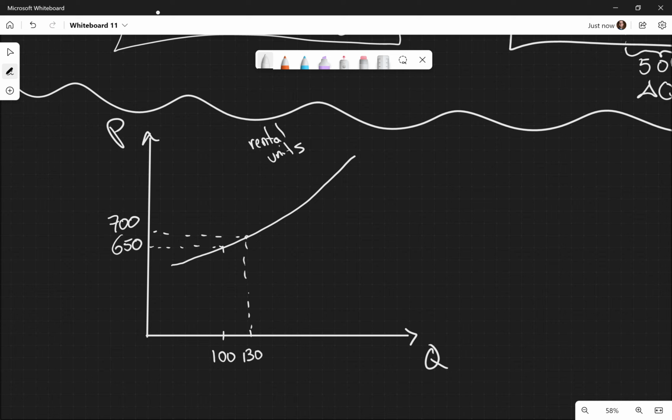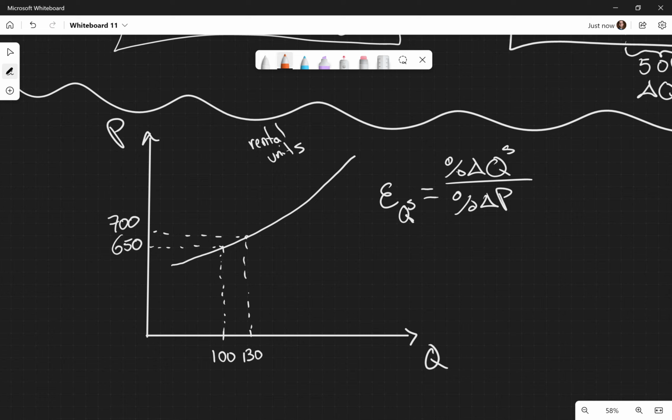So let's go ahead and calculate our price elasticity of supply. So our elasticity of quantity supplied is equal to my percentage change in my quantity supplied divided by my percentage change in my price, using that midpoint formula. I'm going to label my points, and let's stick to our convention that we had before.